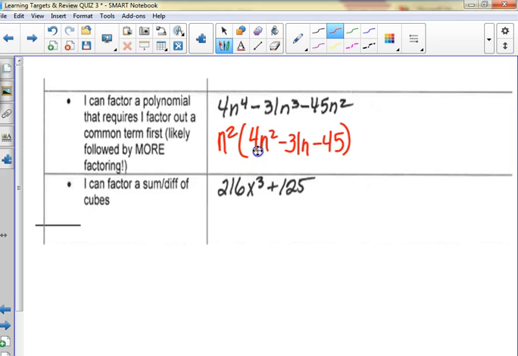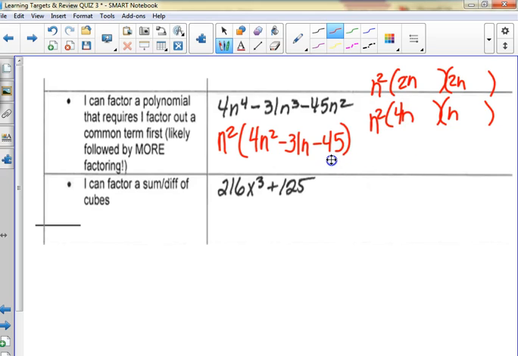This could be 2 and 2 or 4 and 1, right? Oh, I know what people did last time on this. People forgot that n squared. Guys, that's still part of the answer, okay? When it says factor completely, you can't throw anything away. It doesn't equal 0, we can't solve, so we have to keep it.